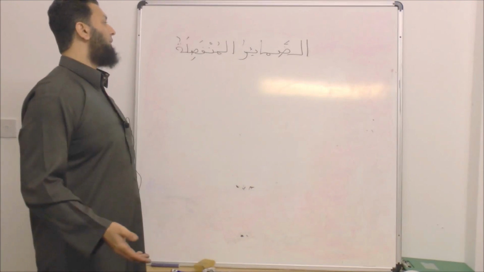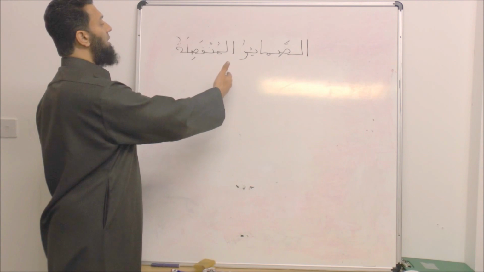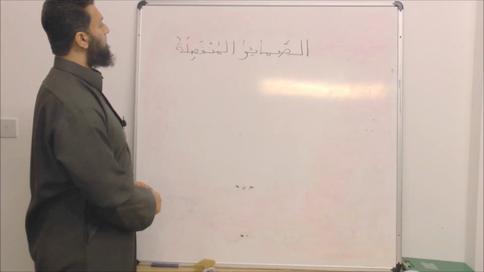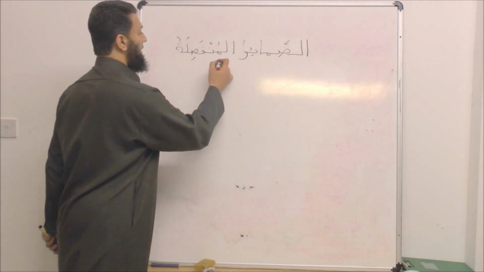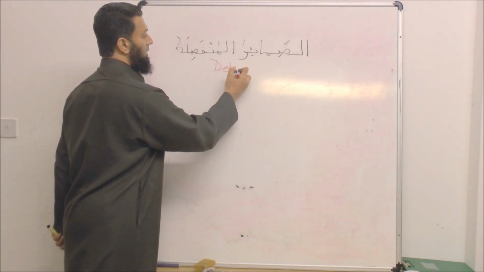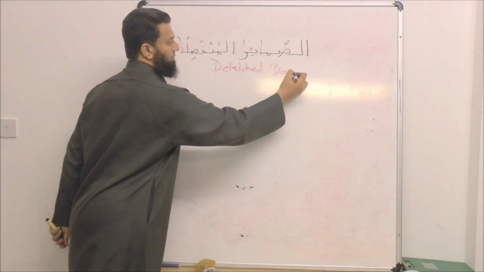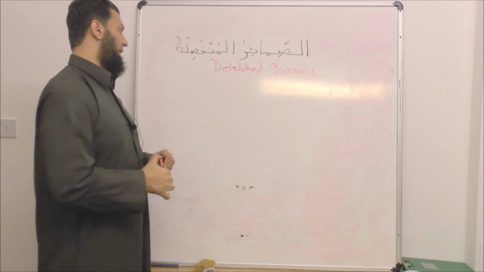Amma ba'd. In this lesson, we want to introduce ad-dama'iru al-munfasilatu, which means the detached pronouns. So we'll write that on the board. Detached pronouns. So what are the detached pronouns?